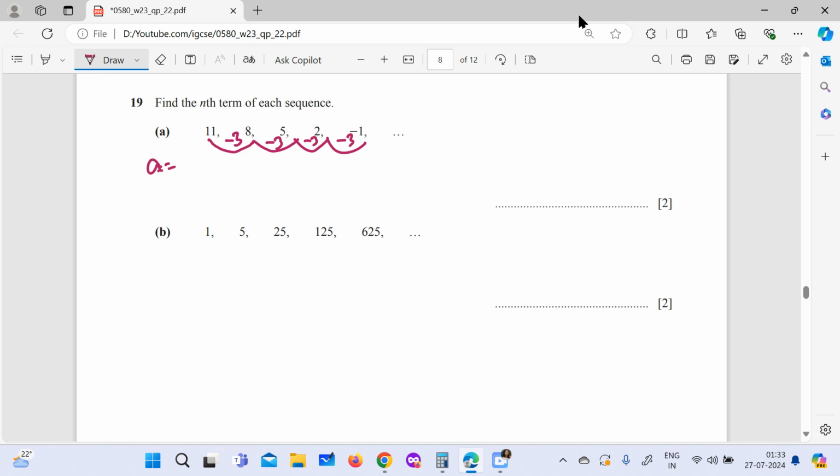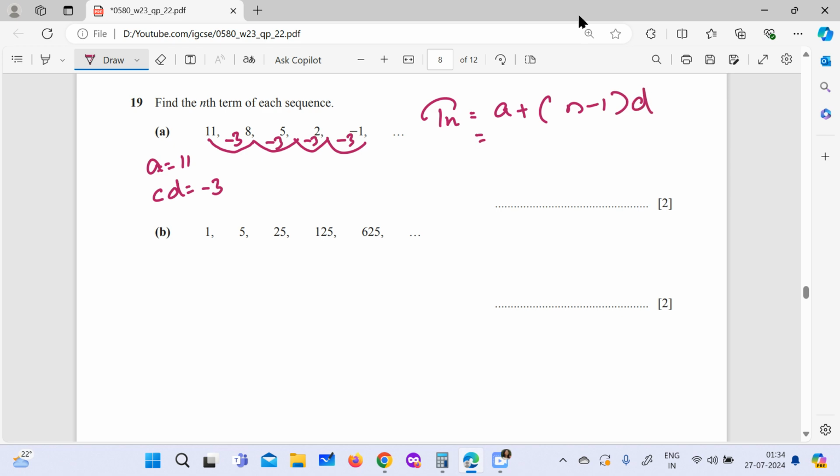So a is 11 and the common difference is negative 3, and you know that the nth term is nothing but a plus n minus 1 times d.